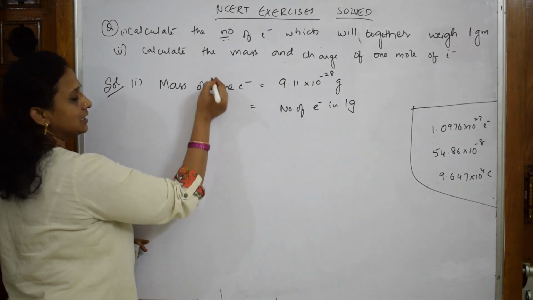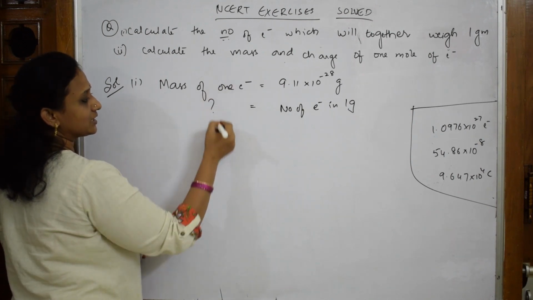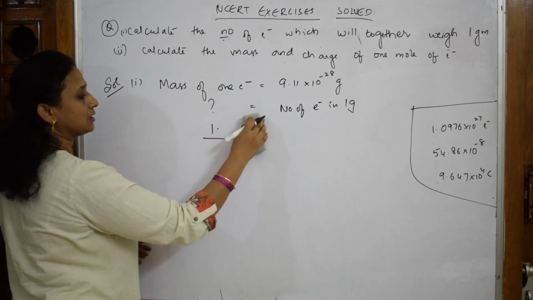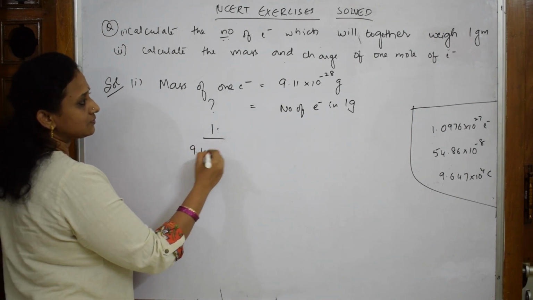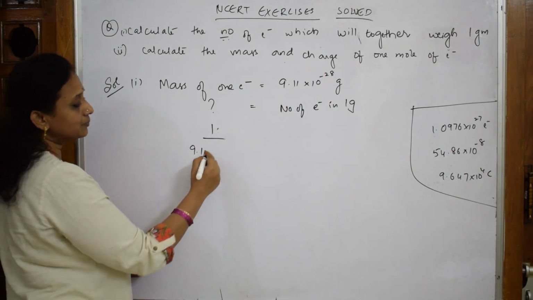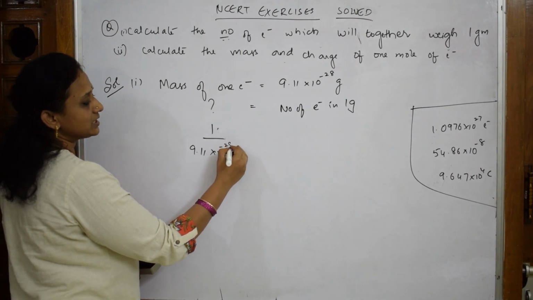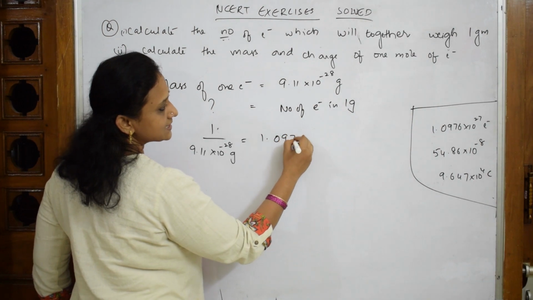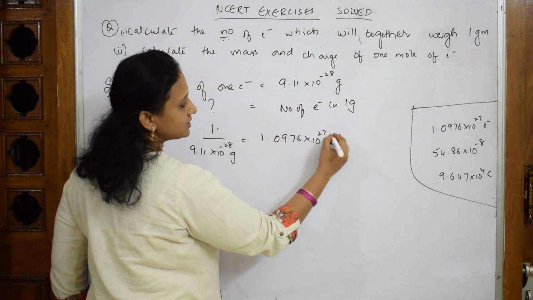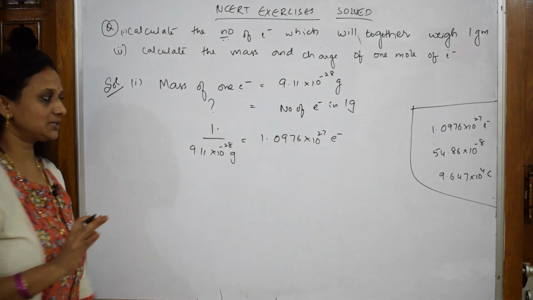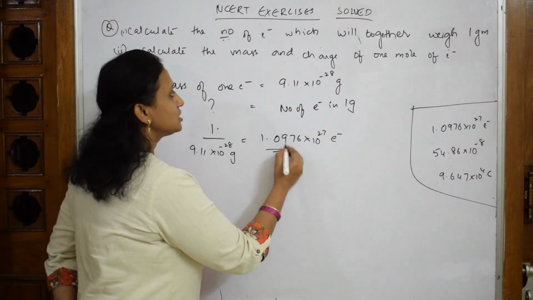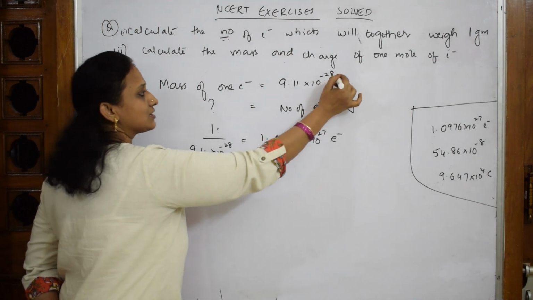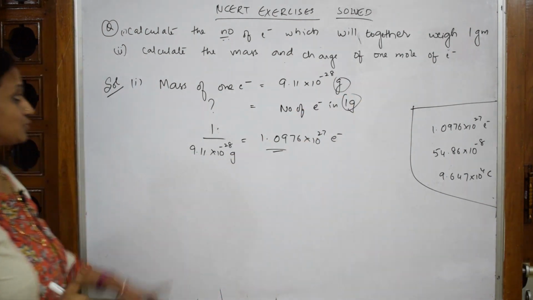Just multiply 1, divided by 9.11, because gram and gram should come below, into 10 raised to the power of minus 28. This comes to 1.0976 into 10 raised to the power of 27 electrons. So in 1 gram, so many electrons are present. Let us do the next one.